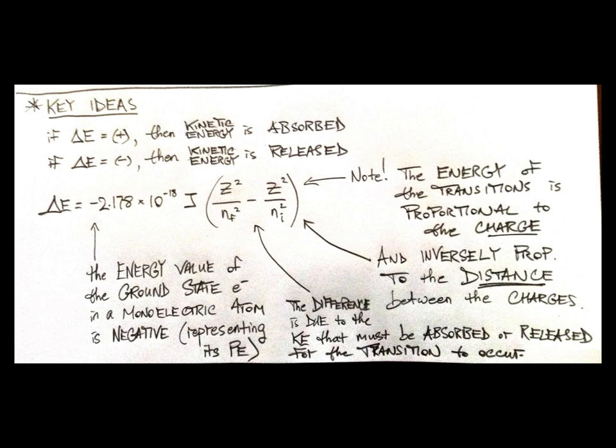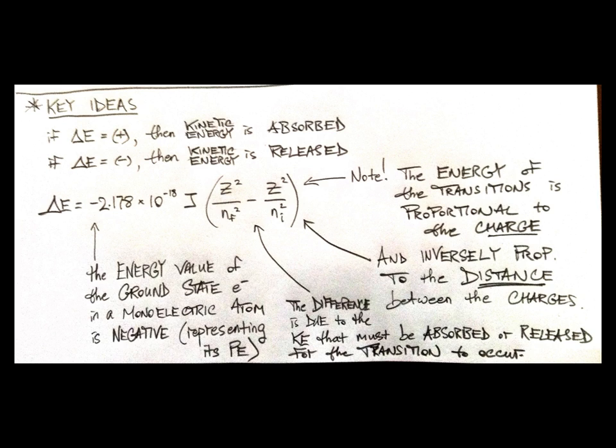In finding the difference, you are finding the kinetic energy that must be absorbed or released for that transition to occur. Of course, the attraction that electron has to the nucleus is proportional to the quantity of charge.